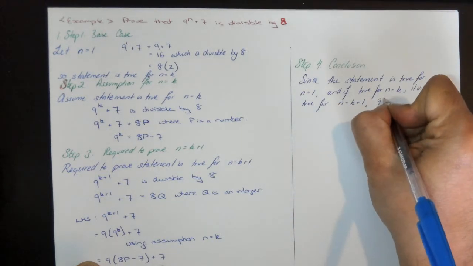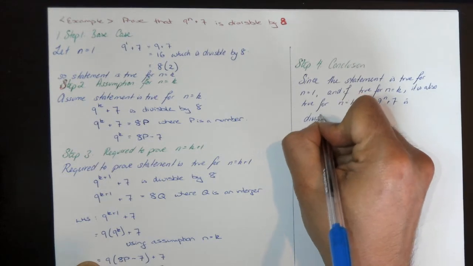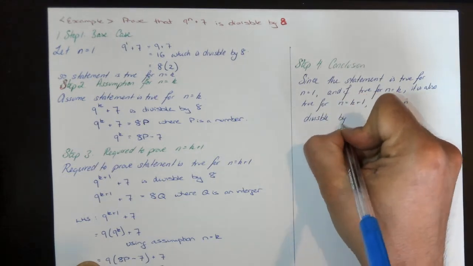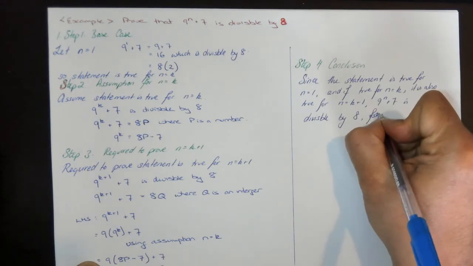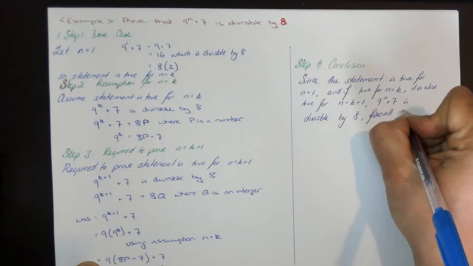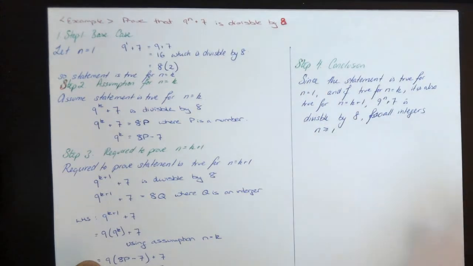So 9^n plus 7 is divisible by 8 for all integers n greater than or equal to 1.